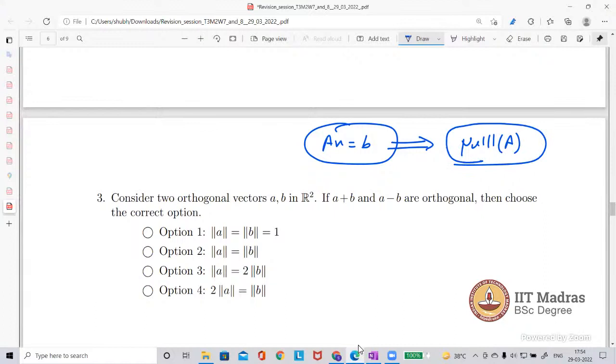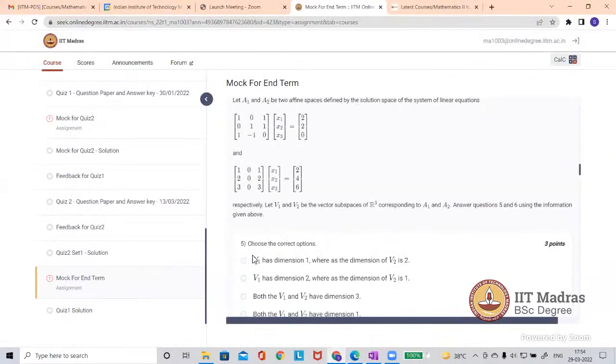So what it means is that the dimension of the affine subspace is the dimension of the corresponding subspace, as you have also seen in the video. Here it asks for the dimension of V1, the corresponding subspace of A1, and V2, the corresponding subspace of A2, where A1 and A2 are the solutions, which are nothing but affine subspaces.